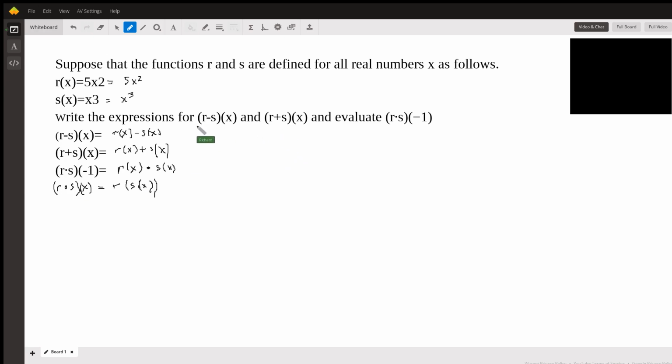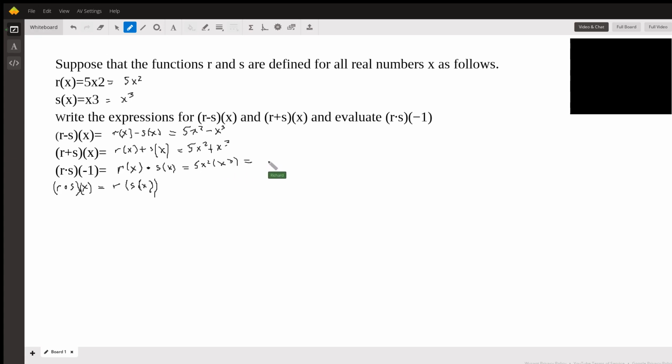Okay, so r minus s of x is just 5x squared minus x cubed, exactly what you would expect. And then the sum is exactly what you would expect also. And then the product would be exactly what you would expect also, 5x squared times x cubed.